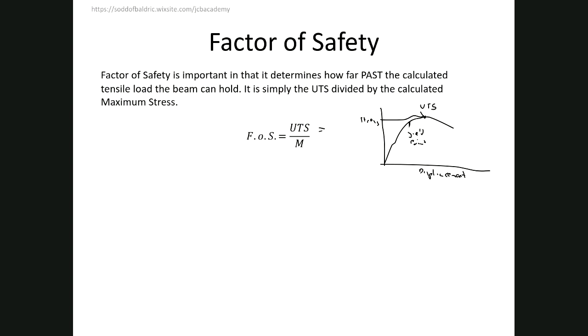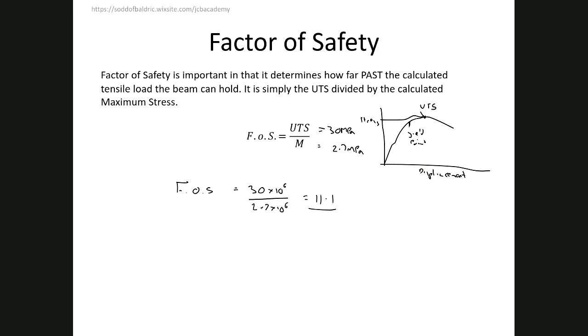as 30 megapascals. We've just calculated the maximum stress, 2.7 megapascals. So the factor of safety is a very straightforward calculation: 30 times 10 to the 6 divided by 2.7 times 10 to the 6, and that is equal to 11.1.